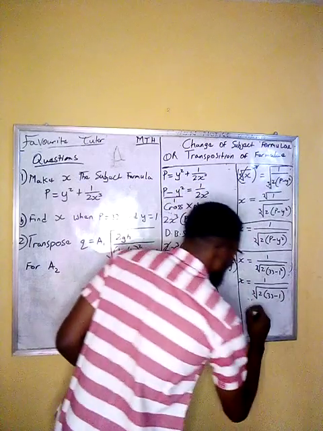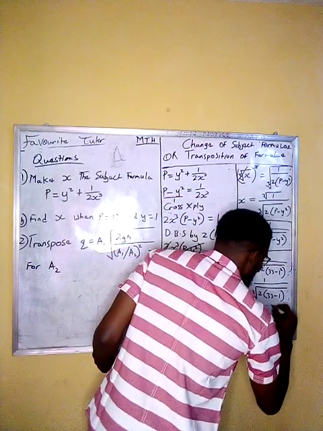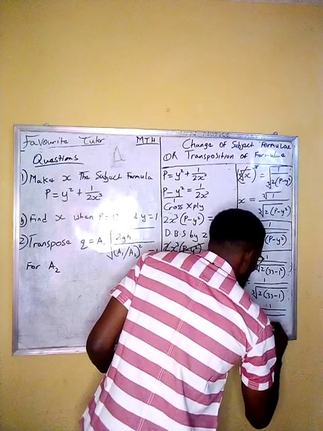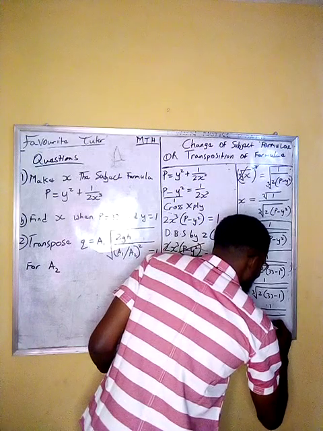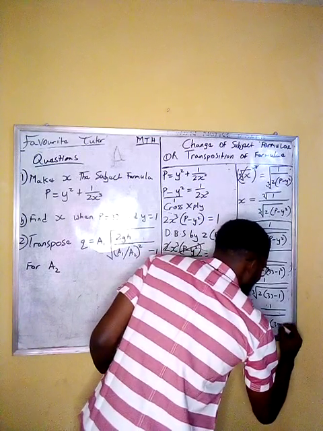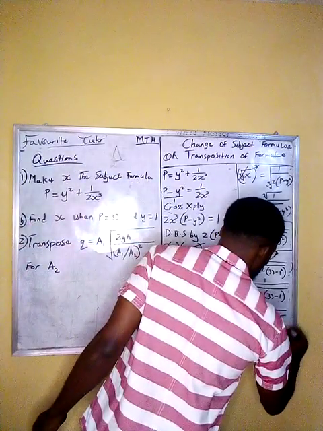Close brackets. So right here we have x equals 1 all over the cube root of 2 brackets 33 minus 1, which is 32.